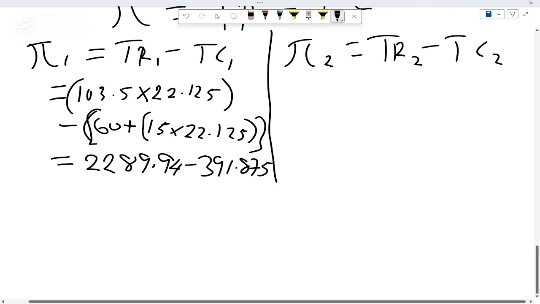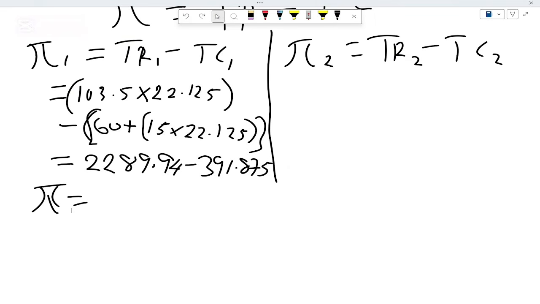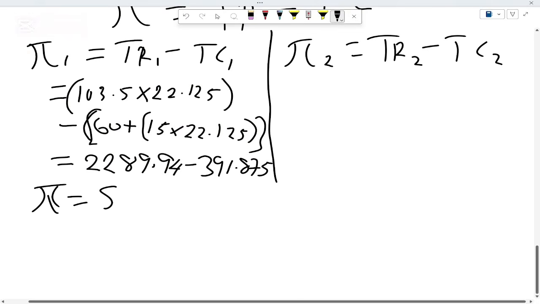What will it give you? Your profit in the first market will be $1,898.065.